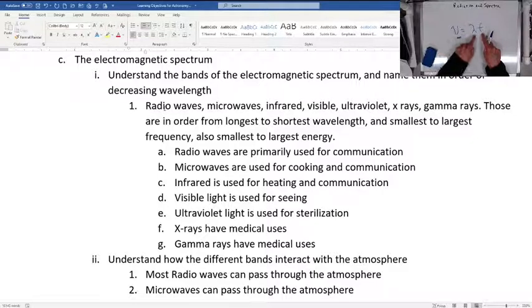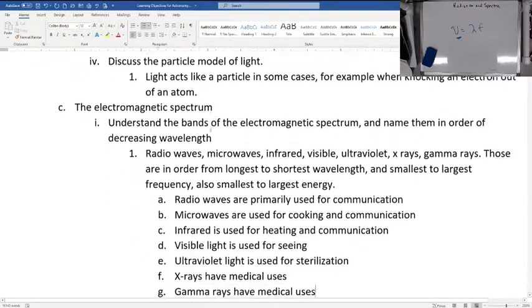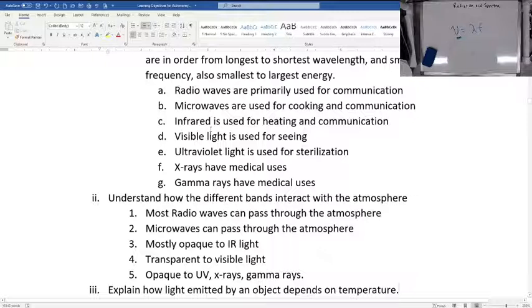Light with long wavelengths has small frequencies. Light with small wavelengths has large frequencies. So the product doesn't change, right? I'll just go through this list, and I want you to know the order of these in terms of longest wavelength to shortest wavelength, or smallest frequency to largest frequency. Either one of those you should be able to do.